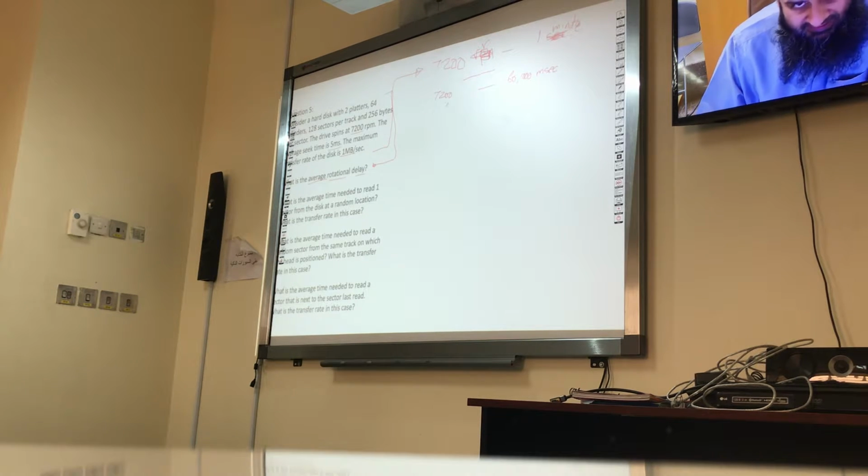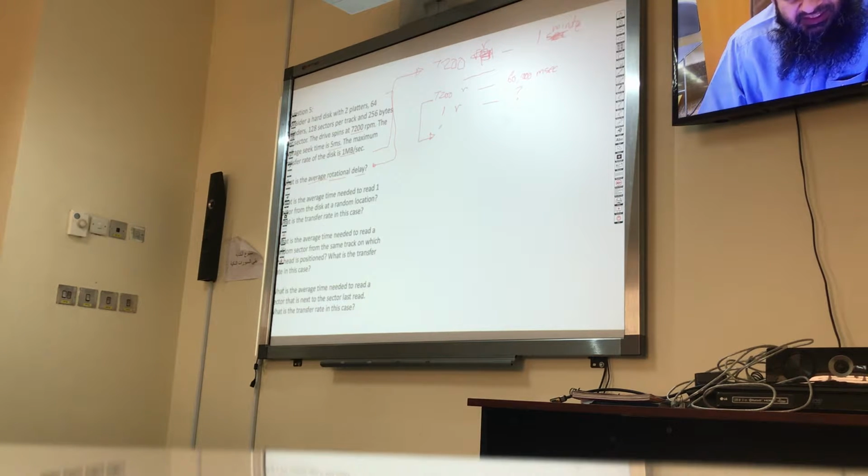Okay. So 7200 rotations. Now what I want to find is the time for one rotation. That is, one rotation is done in how many milliseconds. Now how can I find that? The way to do that is to convert this side to 1. There are 2 sides to this equation, and I want to make this 1.